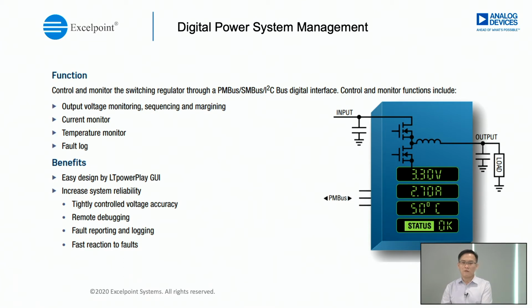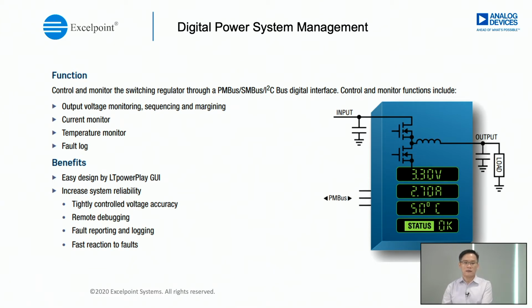But now, we are able to offer you a digital power system management. So how can this DPSM help you? This DPSM can control and monitor the switching regulator through a PMBus, SMBus, or I2C bus interface. So what this can do is, it allows you to control and monitor some functions.